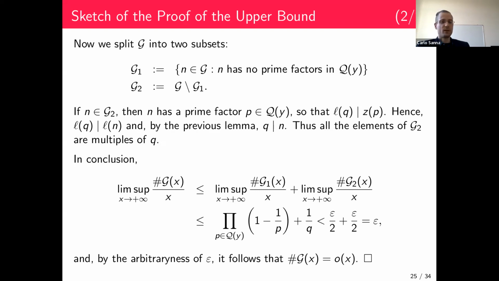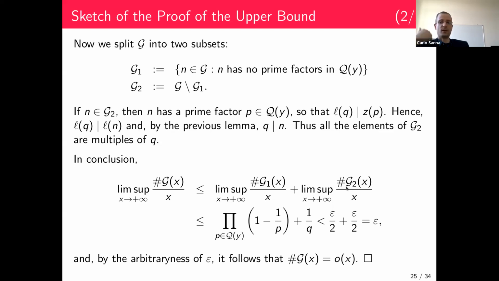So what happens? The ratio G(x) over x is less than the same ratio for G1, but this can be computed by essentially a simple sieve, and it is given by this product, plus the same ratio for G2.